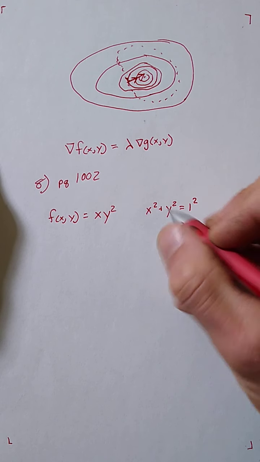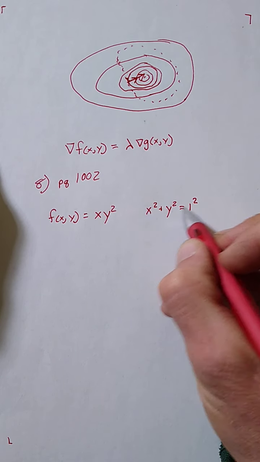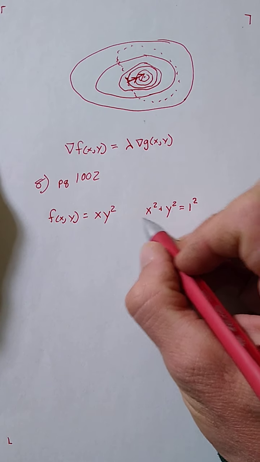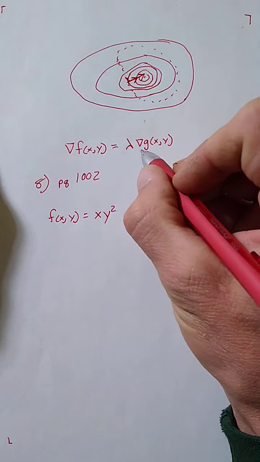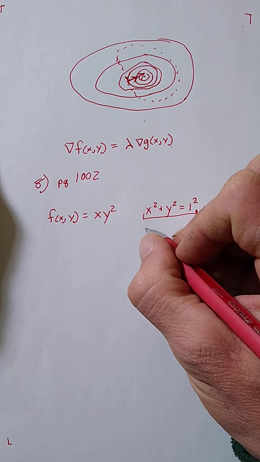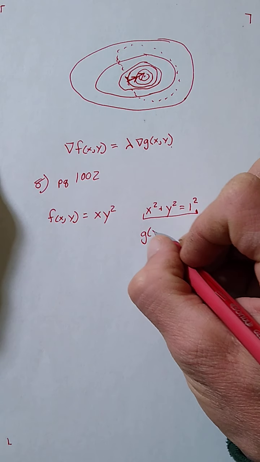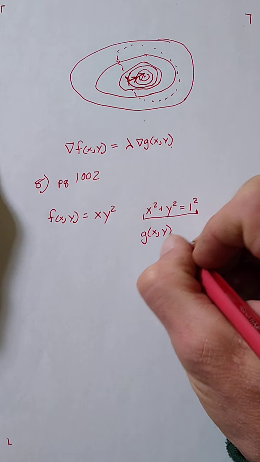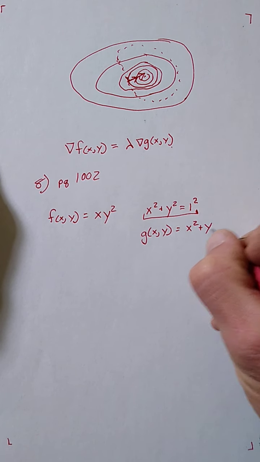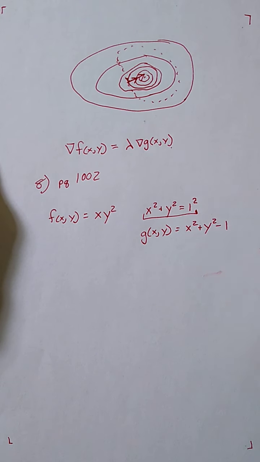Remember, a circle has the equation x squared plus y squared equals radius squared. And in order to convert this to a usable g, we need to set it equal to 0. So the g we want is going to be x squared plus y squared minus 1.